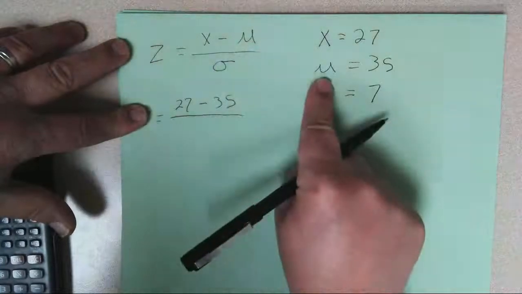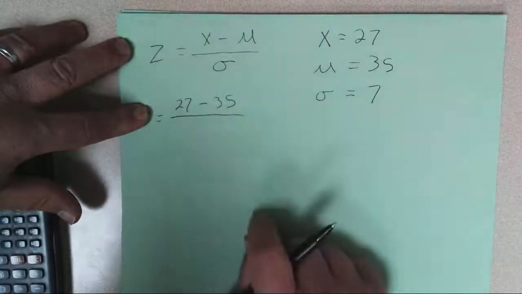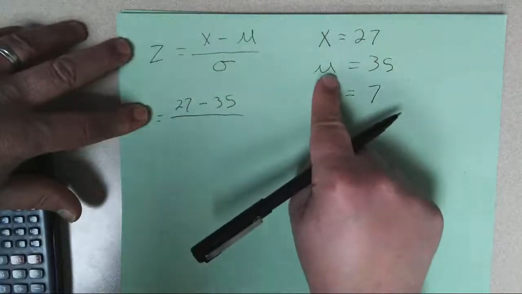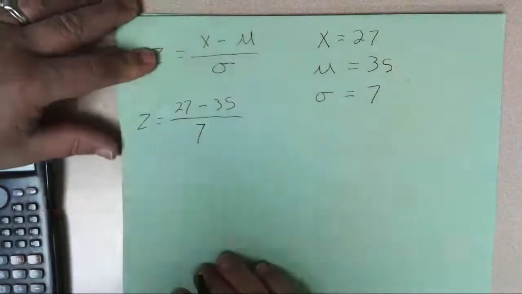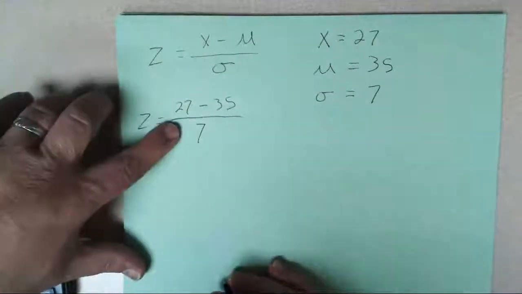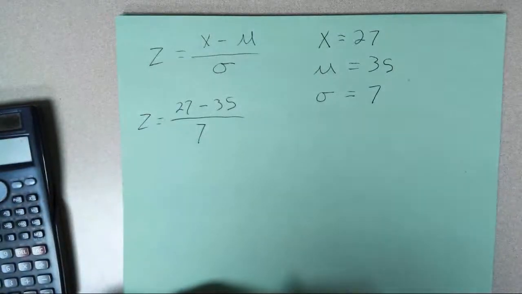This isn't u, that's actually mu in the Greek alphabet. This is sigma in the Greek alphabet, a lowercase s. This is a lowercase m and a lowercase s. So this would be 7. Okay, so now this is like 27 minus 35 divided by 7.